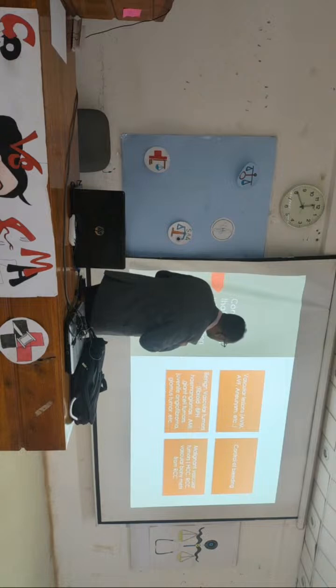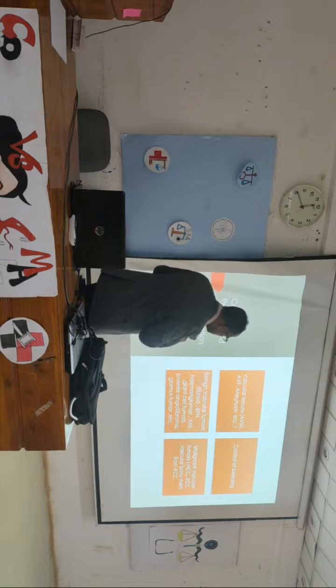As I said, vascular lesions, like arteriovenous malformation, arteriovenous fistula, aneurysm, we will go into detail on these conditions, and we'll give sample cases for these vascular lesions.